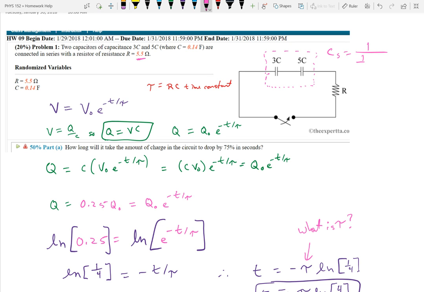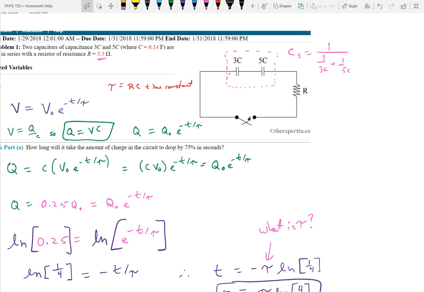So it's going to be 1 over 1 over 3c plus 1 over 5c. And of course, I'm going to want a common denominator there, so I'm going to multiply everything by 15c, top and bottom.